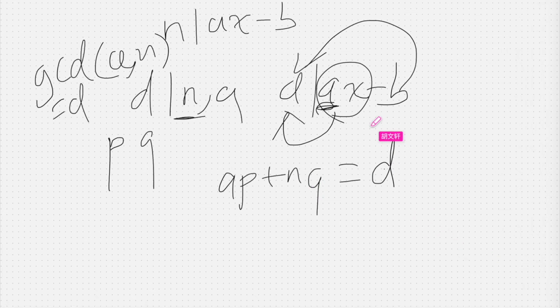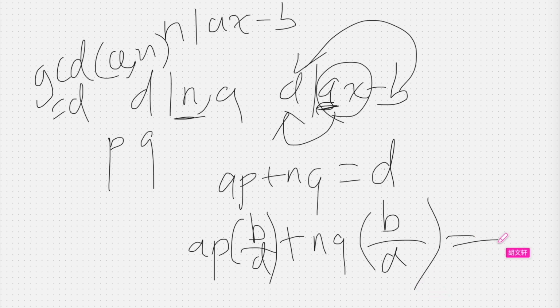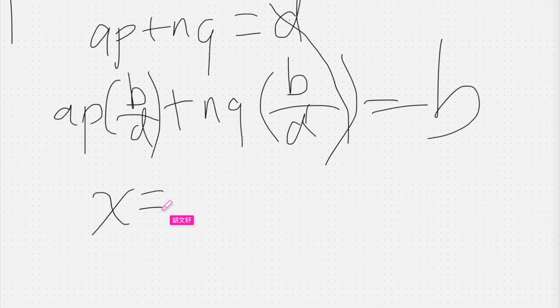So ap multiplied by b over d, plus, sorry, I should close that bracket, nq multiplied by b over d gives us b, because we're just multiplying that on all sides. So now we know that gives us b, so x equals pb over d is a solution.